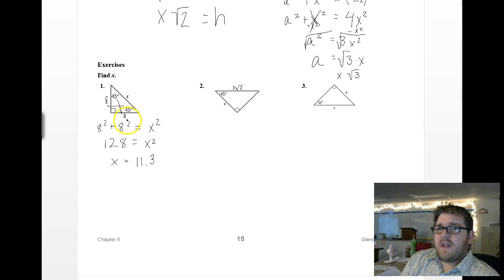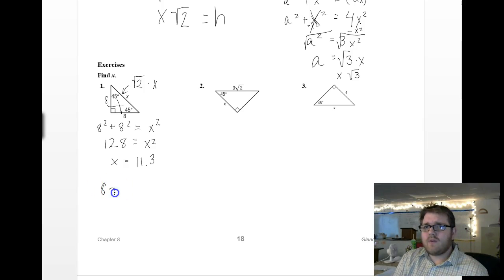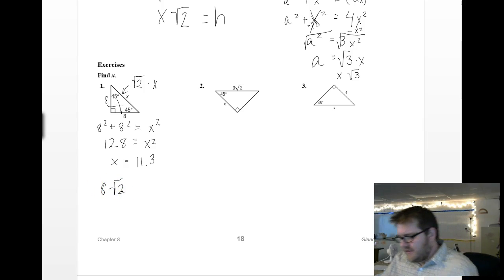Remember, if this is x, this is the square root of 2. This side is going to be the square root of 2 times x, or x times the square root of 2. So if this is 8, we take 8 times the square root of 2.